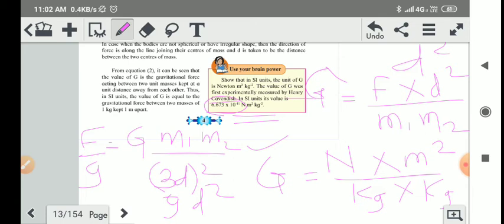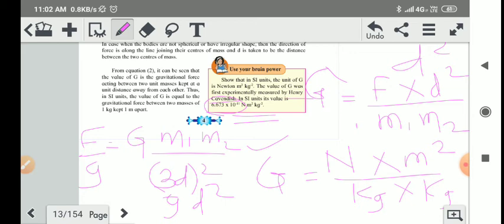If we double the distance, force decreases by a factor of 4. So this is about decreasing or increasing distance and masses. If we increase mass, by the same factor force also increases. If we double the mass of one object, force also doubles.